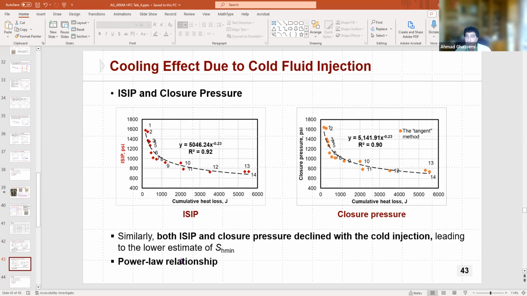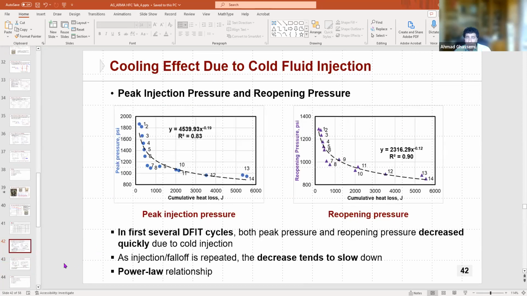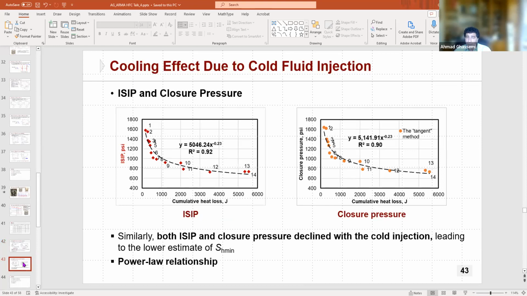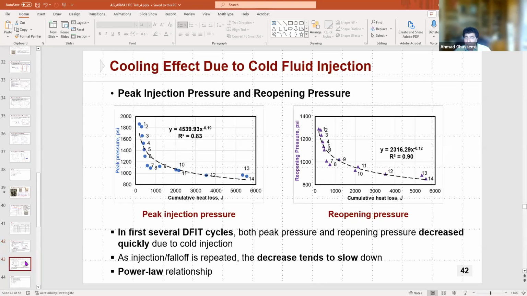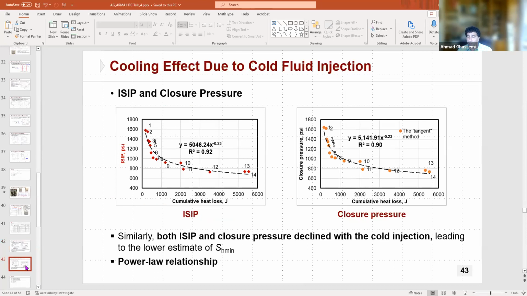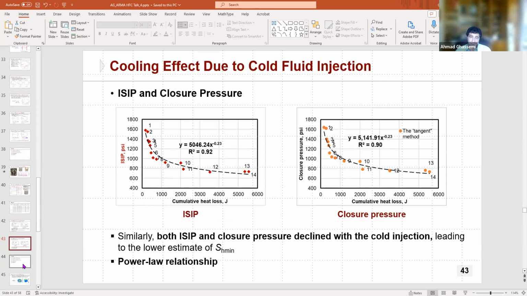This is closure pressure from the tangent method. This was the reopening pressure and the peak pressure side. Closure pressure and ISIP also follow the same trend as the other two, as you would expect, because the cooling is in a way reducing the stress that the fracture is feeling, and so the fracture would have to come into contact at a lower value of pressure.